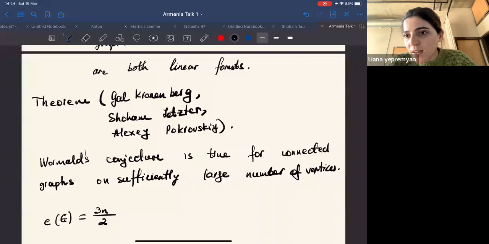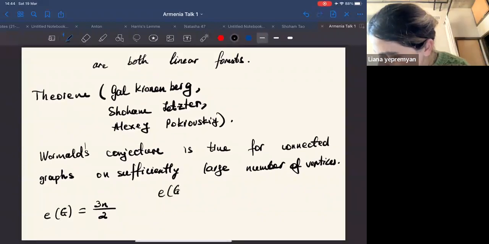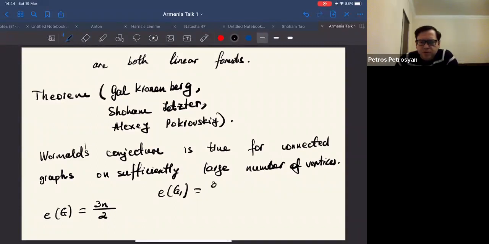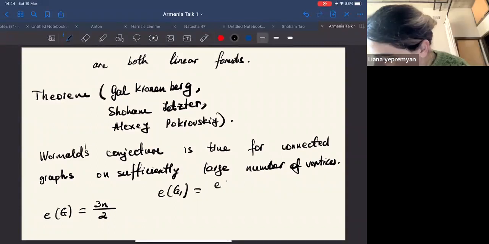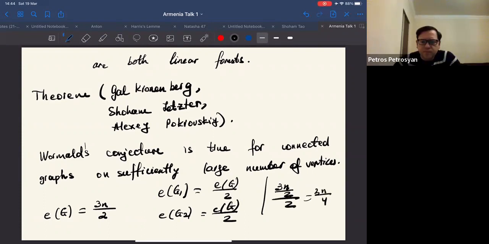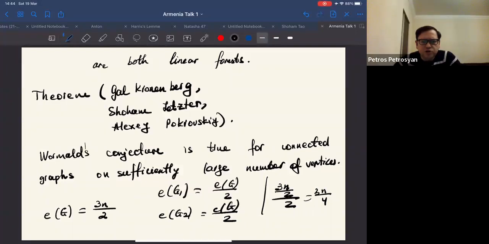And I'm trying to divide it into two parts which are isomorphic. So a necessary condition is that E(G1) has E(G)/2 edges, and so does E(G2). Which means that I need to be able to divide 3n/2 by 2. So this needs to be an integer. That's why I have to have n divisible by 4.